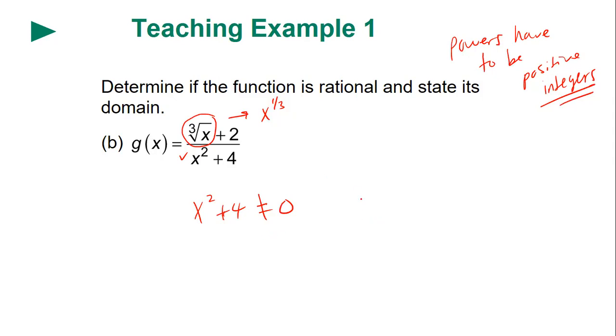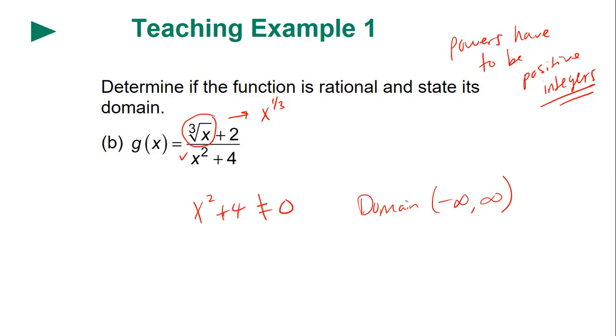So therefore, the domain is all real numbers. It's from -infinity to +infinity. There are no restrictions. There's nothing stopping this function from going on and being its weird shape. If it hadn't been squared, would I have a domain restriction?